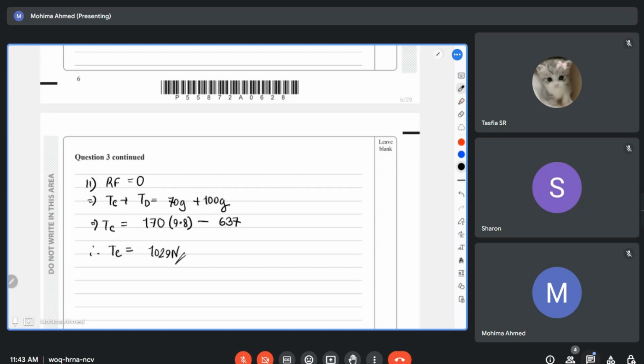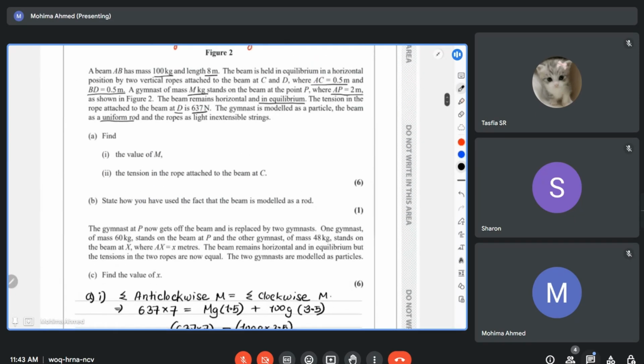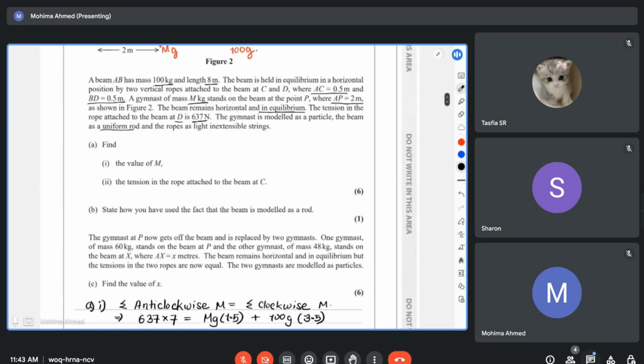Okay. After this, we will be moving on to state how you have used the fact that the beam is modeled as a rod. By our explanation, it means that the beam was a straight pathway over here. The beam was not tilted, the beam was not rotated at any point. Rod means that there will be no bending along the beam also. So we have considered the fact that it is a rod by using it as the beam remains straight throughout the entire experiment.